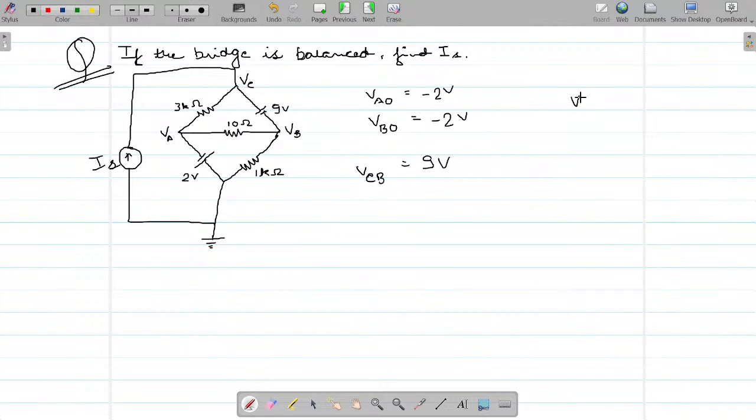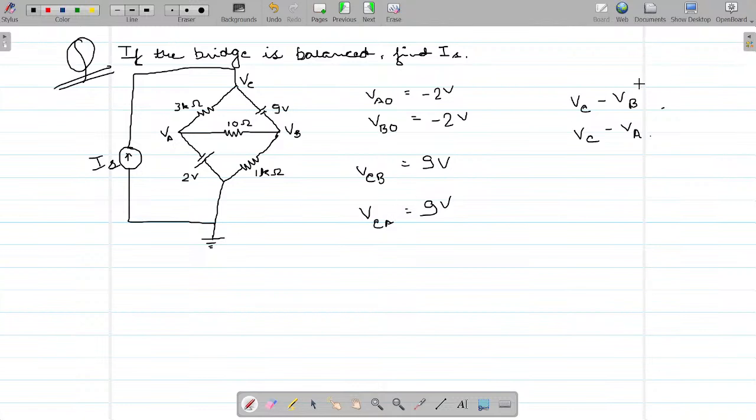VCB is equal to VC minus VB, right? And VCA would be VC minus VA. But what did we deduce? We deduced that VA and VB are the same and they are equal to minus 2 volts. So can I say VCA is equal to 9 volt?